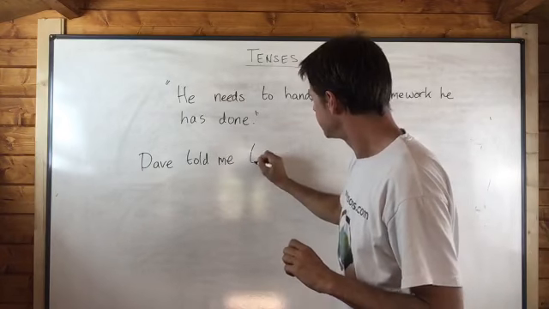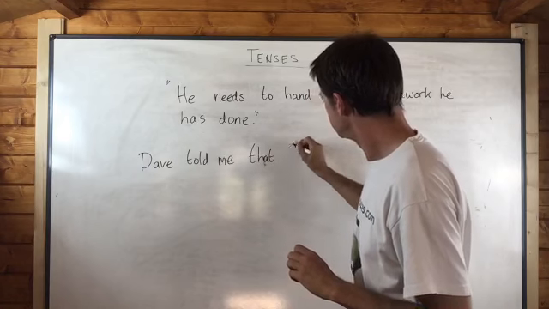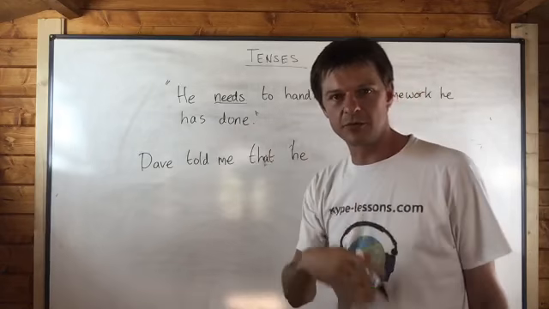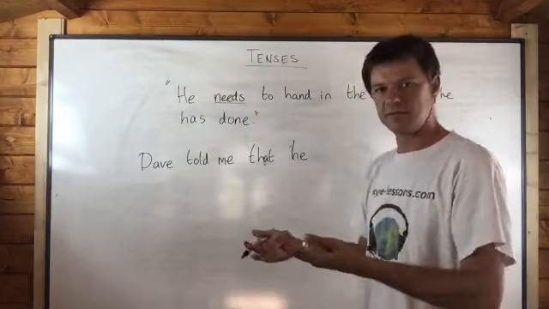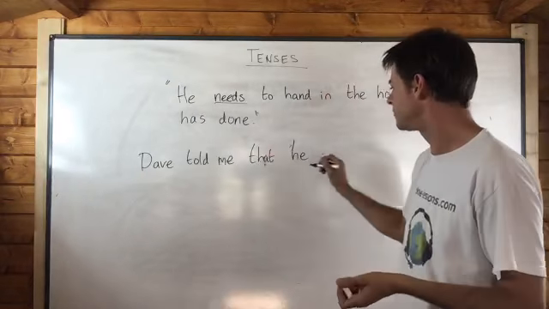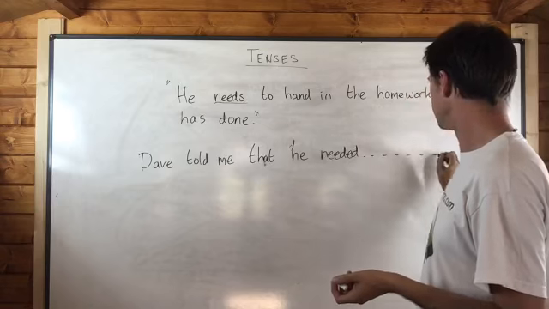Dave told me that he, now what do we do with present simple when we put it into reported speech? We just put it back a tense. Present simple becomes past simple. So Dave told me that he needed, and so on.